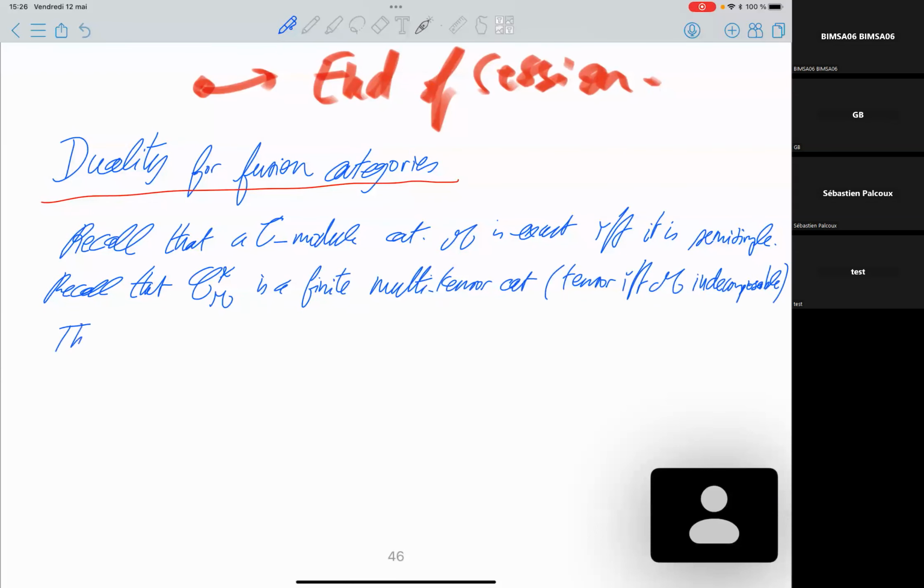Okay. So the goal of this section is to show that this dual with respect to M is in fact fusion.